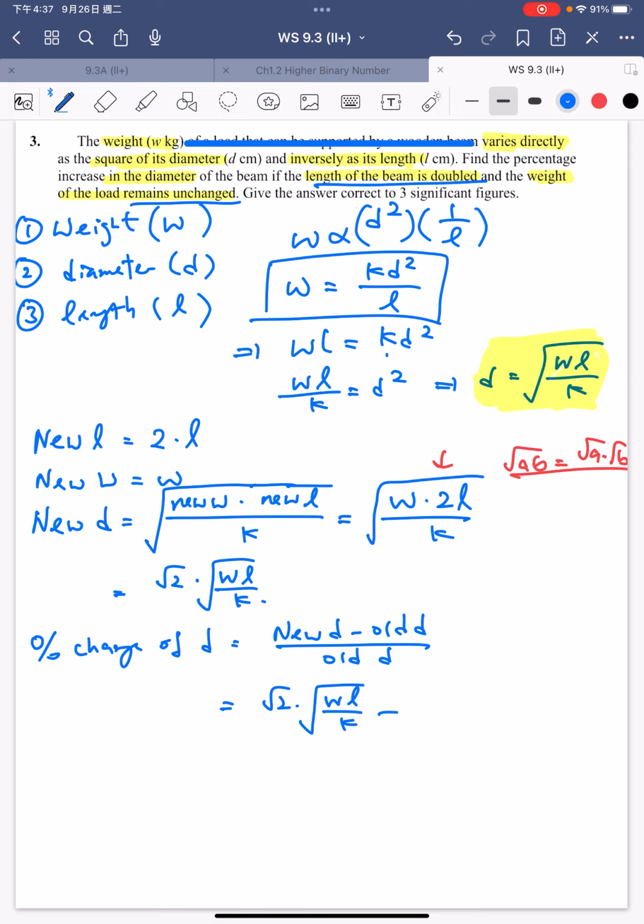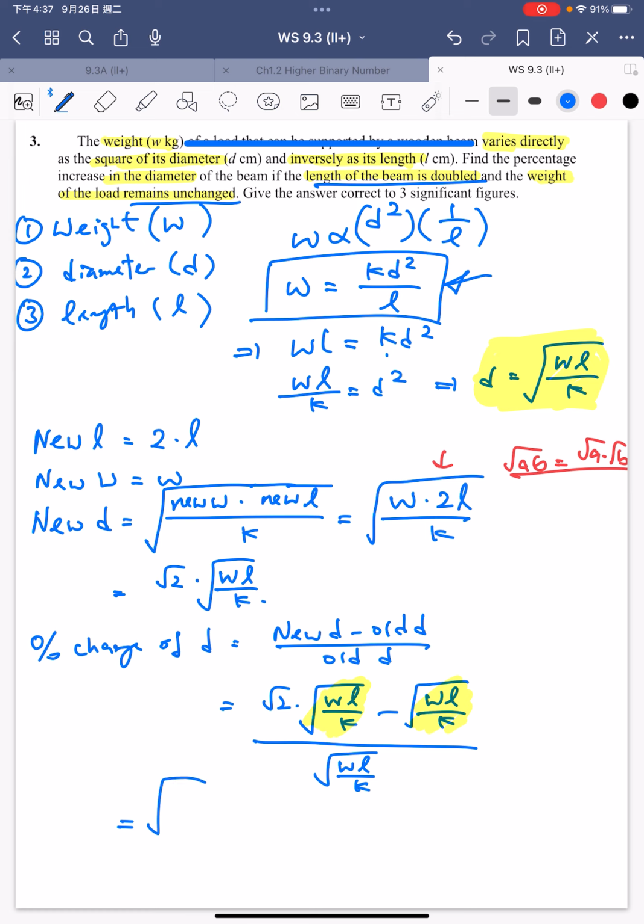That's the first thing we found out by changing the subject from our original relationship so that we can get the original D, which is equal to the square root of WL over K. Then we divide by the whole thing, which is the square root of WL over K. Now we have this square root of WL over K, which is our common factor, so we can take that out.